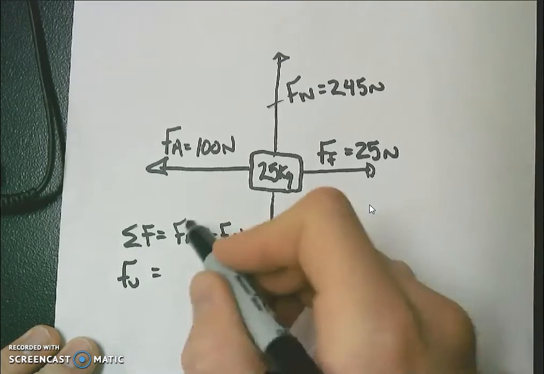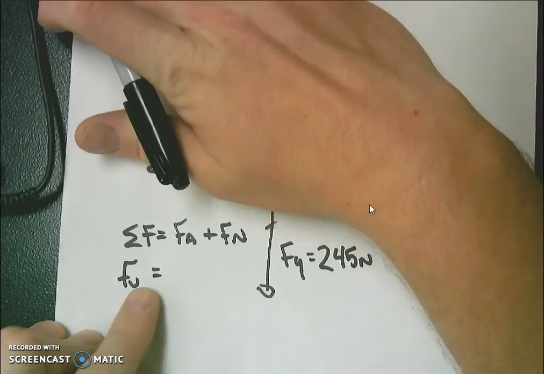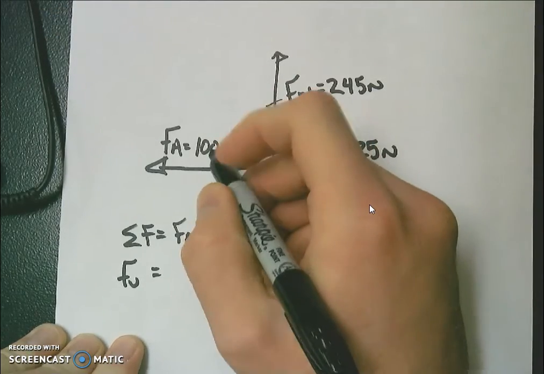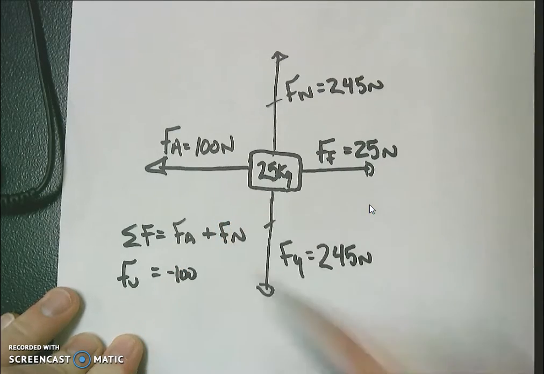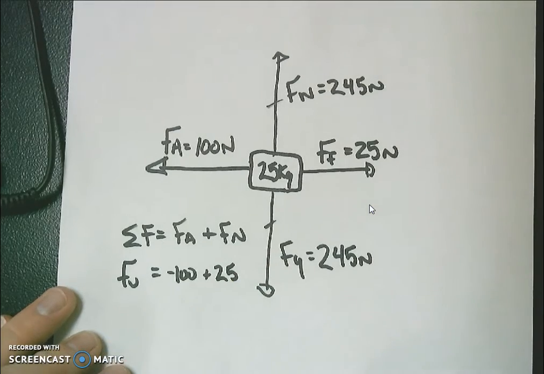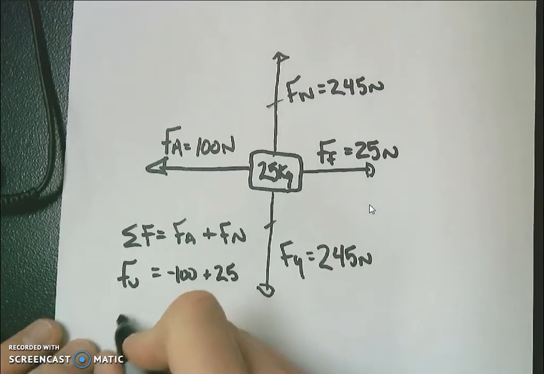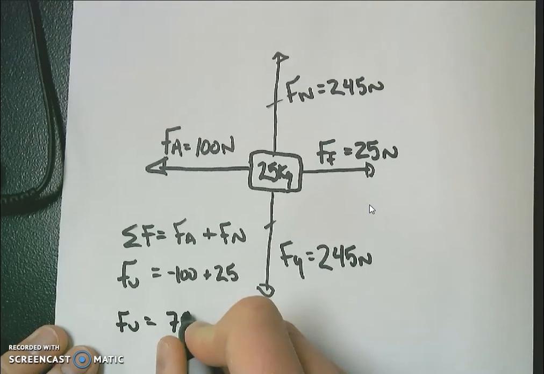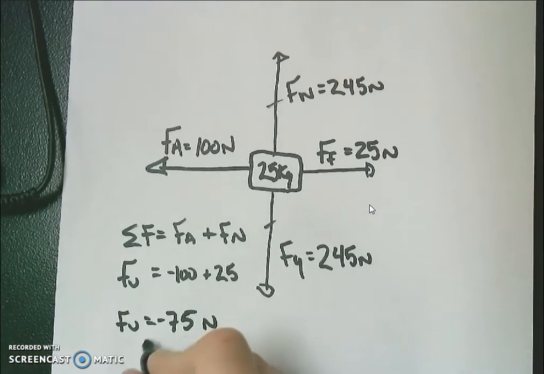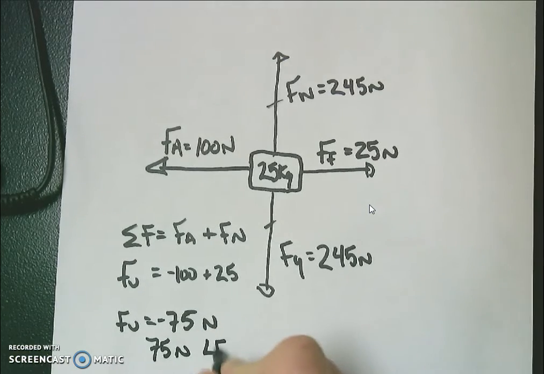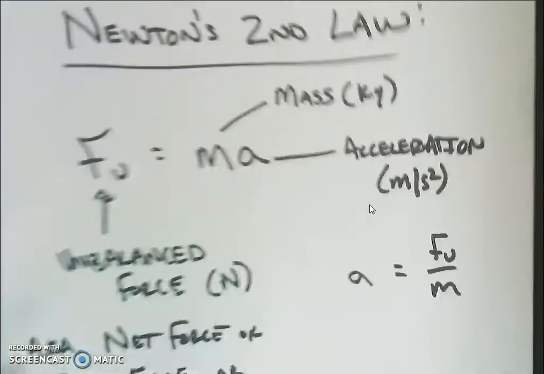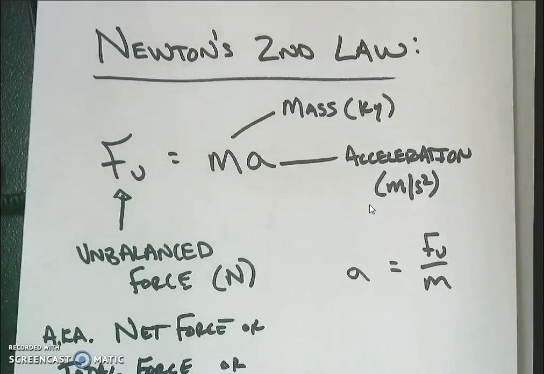Since these are on the same side of the equal sign, I have to show they're in opposite directions: my 100 newton force is negative because it's to the left, and my friction force is positive because it's to the right. So my unbalanced force is 75 newtons to the left.